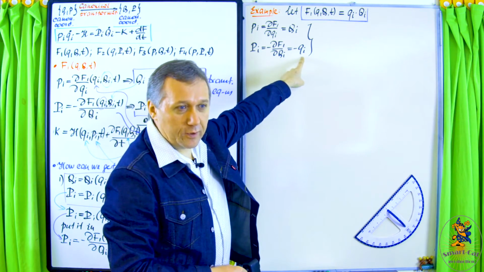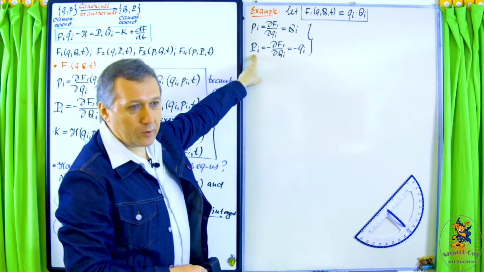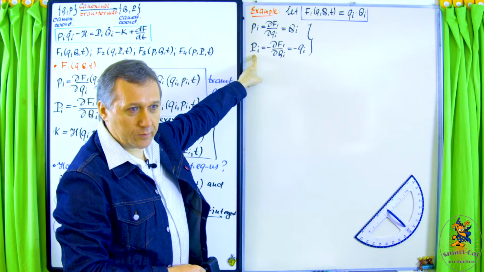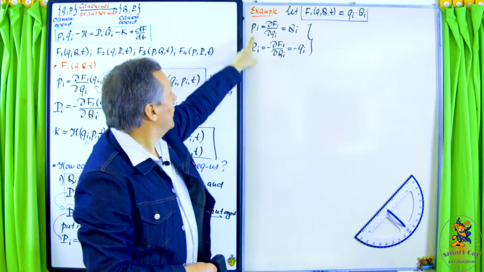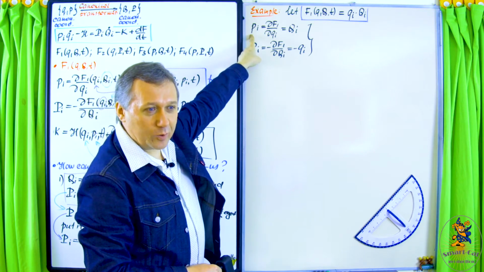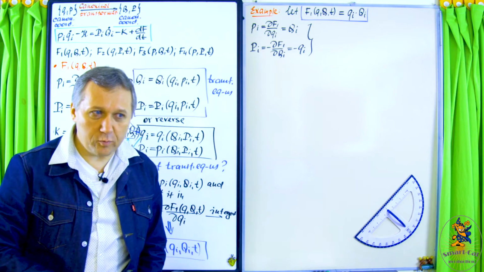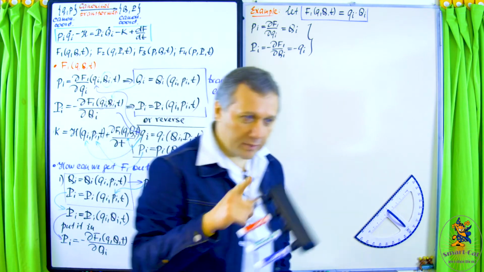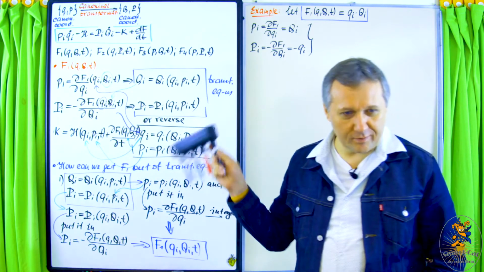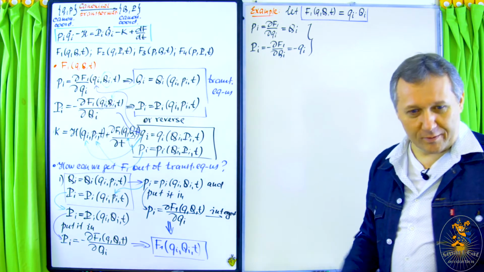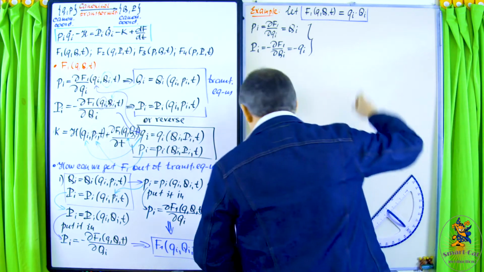Q small in the old world is a generalized momentum in the new world. Generalized momentum in the old world is now a coordinate in the new world. Okay, let me first state it right in words, and then we'll discuss it.